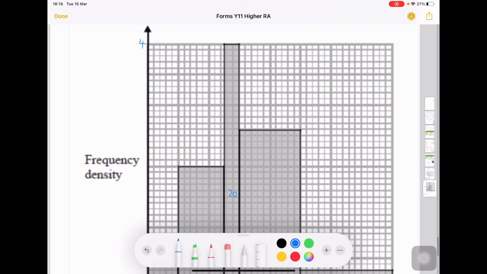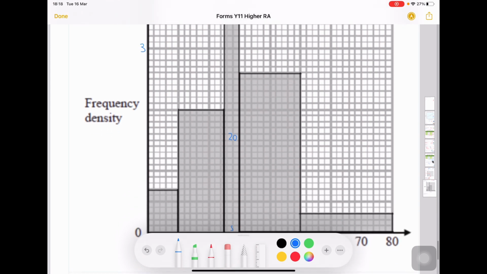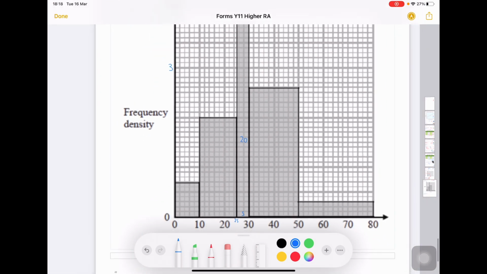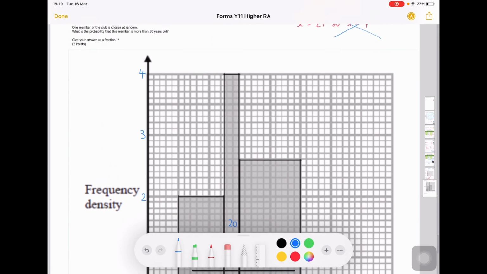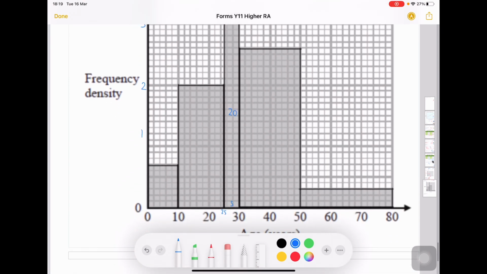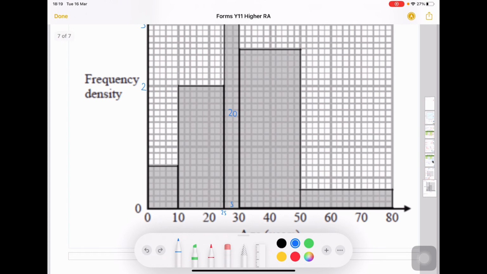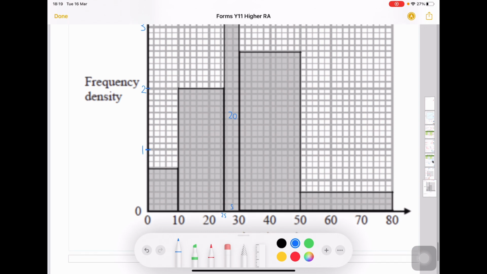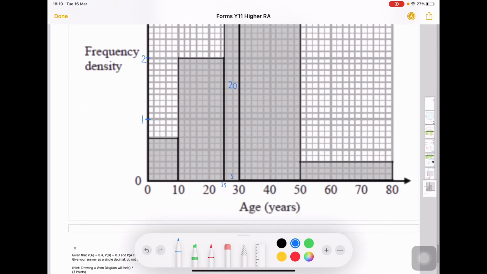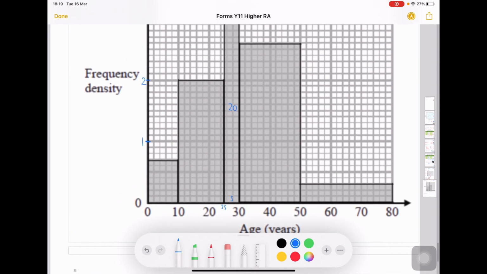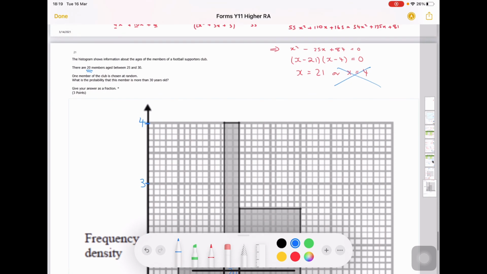So it's 3. Can't actually zoom out. So 2 and 1. That makes sense, but oh no, the 1 doesn't make sense. Here we have a 1. So this is a 1. Okay, yeah, now we have the frequency densities.